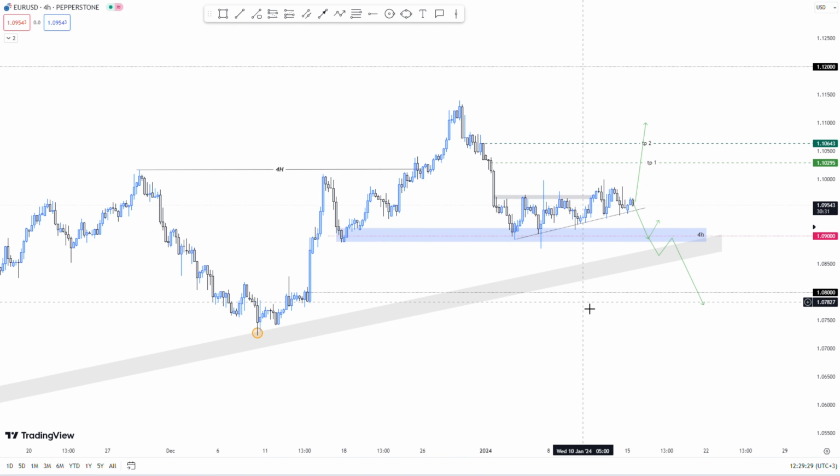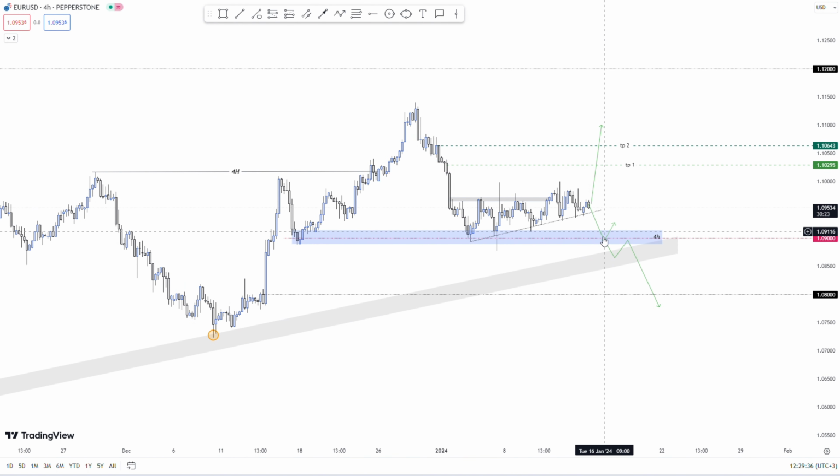So it will be only good for me if I utilized this move right here. So I will be willing to take a trade if price comes back to this zone, and if price continues to trade higher, I am willing to stay out of the market until this 4-hour zone is broken.